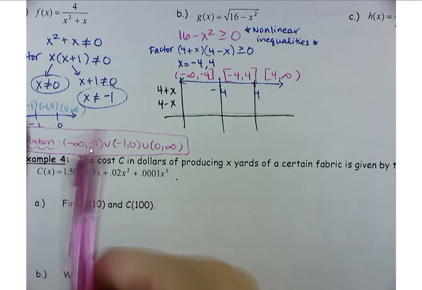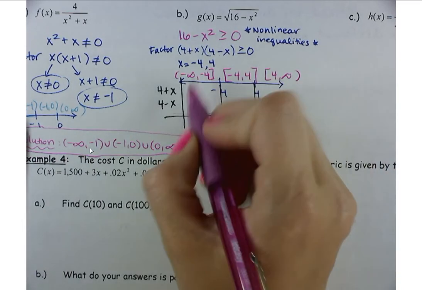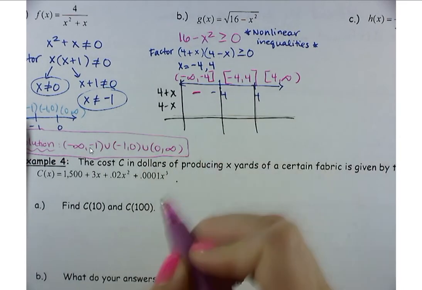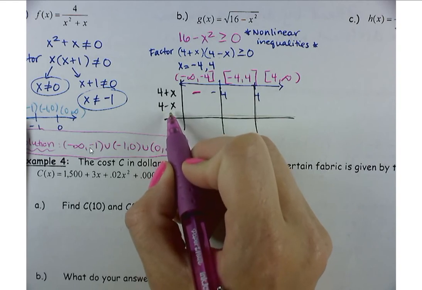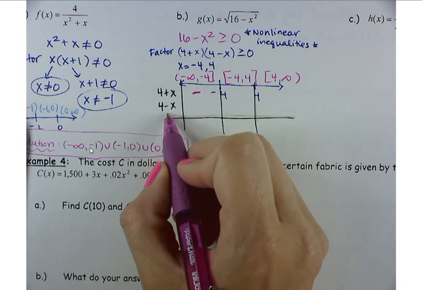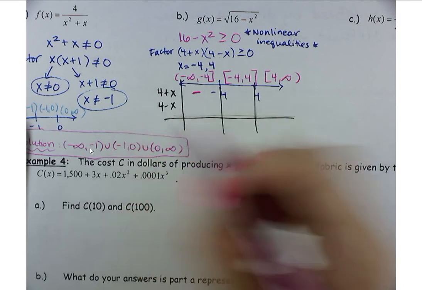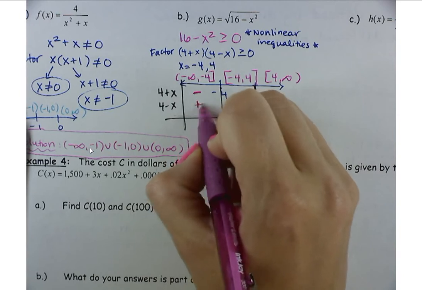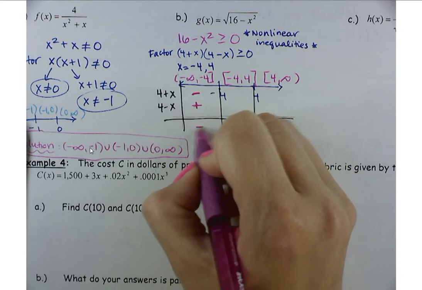So I could choose negative 5. 4 plus negative 5 is negative 1. So that's a negative. 4 minus negative 5 is what? Positive, right? So minus and negative will be plus, plus. Okay, so you are going to have a positive there, and that would be negative.